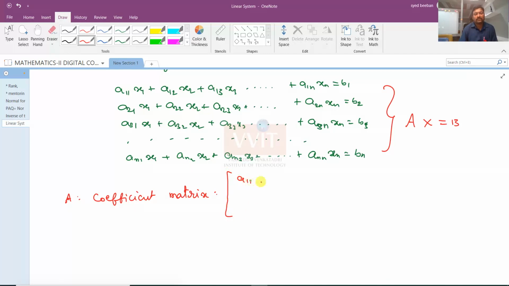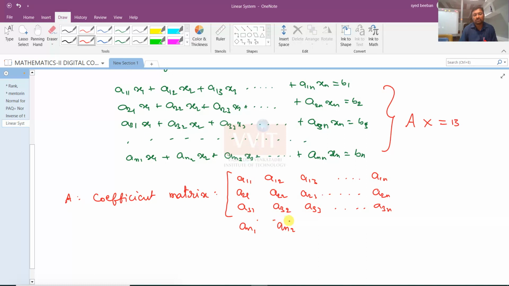So a11, a12, a13 and so on, a1n; a21, a22, a23 and so on, a2n; a31, a32, a33 and so on, a3n; and so on, an1, an2, an3 and so on, ann.